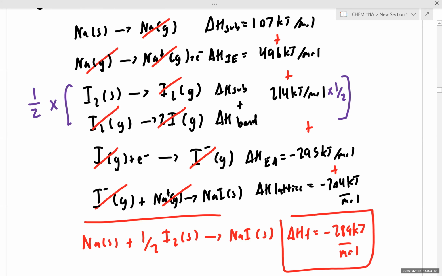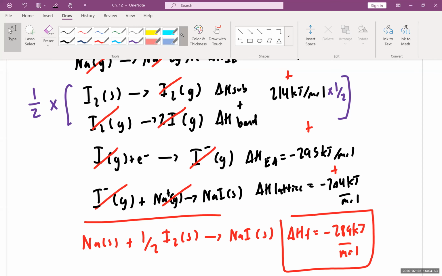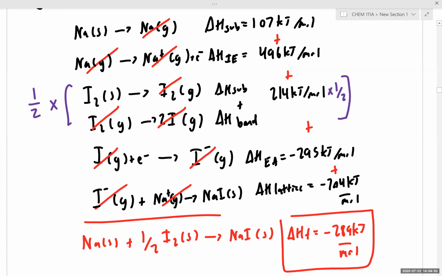Any questions so far? On the sublimation of iodine, yes. We don't add the 1/2 in the front, as in before you do the multiplication, because of the 1/2 that's in the equation? Oh yeah, so this 1/2 would be applied to everything. So it'd be 1/2, 1/2, 1/2, and then just one iodine, because 2 times 1/2 would give us 1.